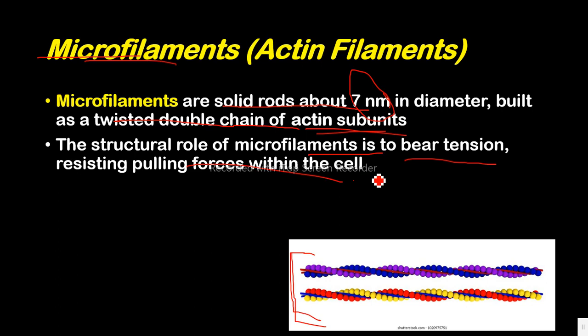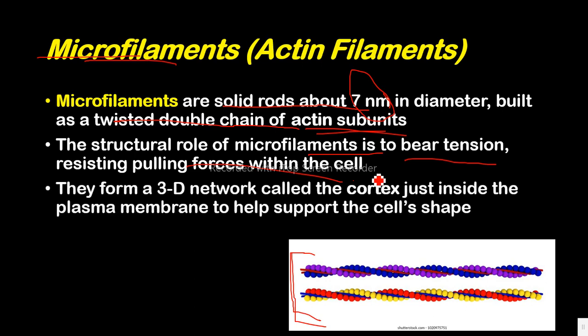These are responsible for making cells maintain their own shape and resist expansion. They form a 3D network called a cortex just inside the plasma membrane, which supports the cell shape.